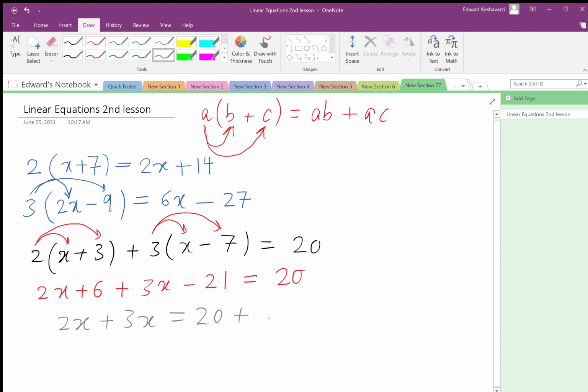So now we are going to move 21 and 6 to the other side to get 5x equals, so 21 minus 6 is 15, and 20 plus 15 is 35. Let's divide both sides by 5 to get x equals 7.